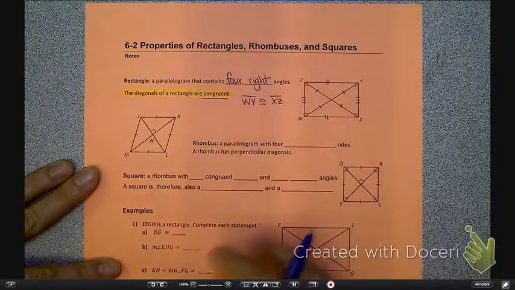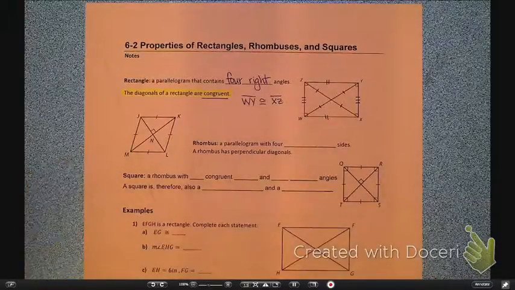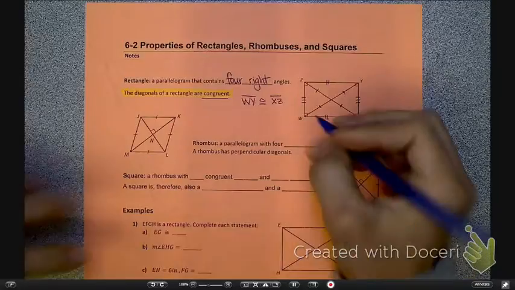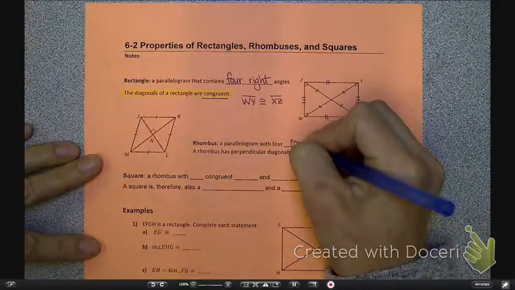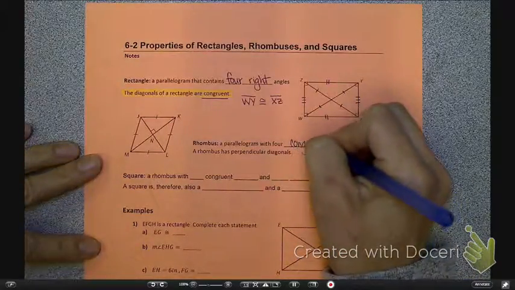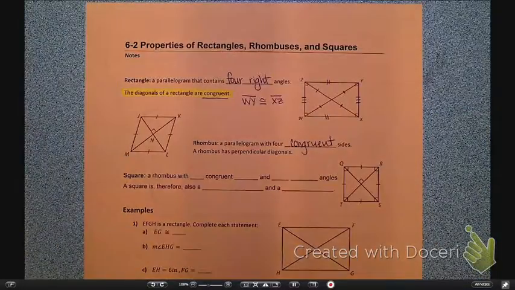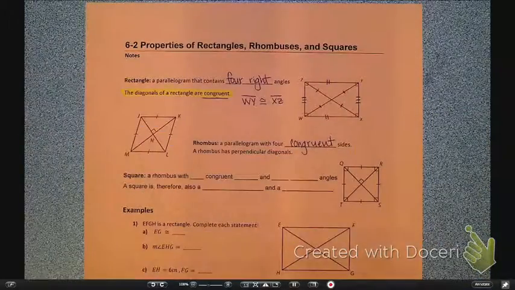All right, now, a rhombus. That's the second one we're going to learn about today. A rhombus is basically a parallelogram that has 4 congruent sides. So in a rhombus, all the sides are going to be congruent.